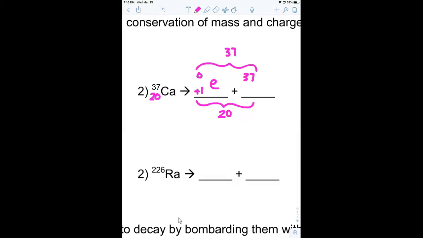And if the positron is a 1, this has to be a 19 in order for them to add up to 20. So what's element number 19? If you look on your periodic table, it is potassium. So calcium naturally got rid of a positron and turned into a more stable atom. The protons and neutrons in this one are closer to having a 1-to-1 ratio.